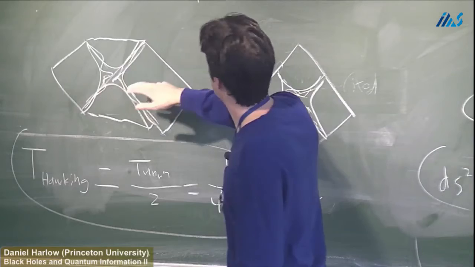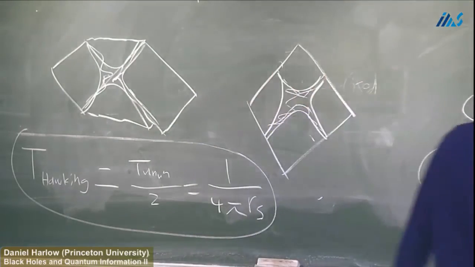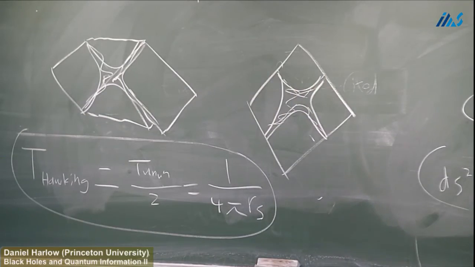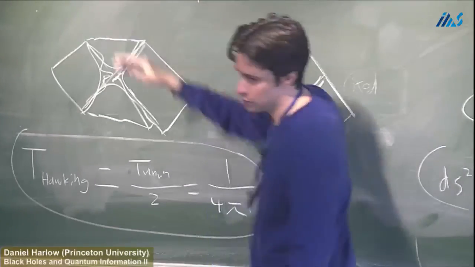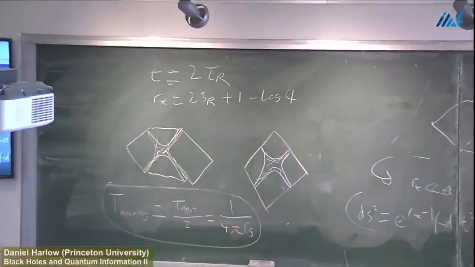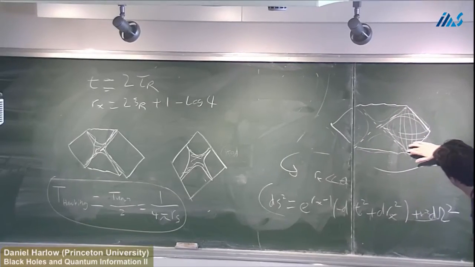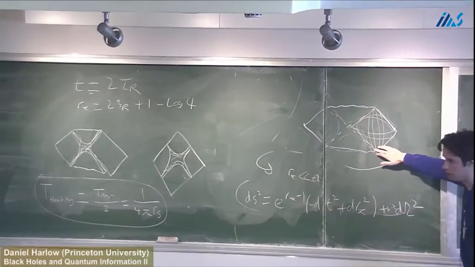Now, here what I'm using is actually this T, the Schwarzschild time. This T is sort of serving double duty. If you're near the horizon, it's something like you have these constantly accelerating observers here.